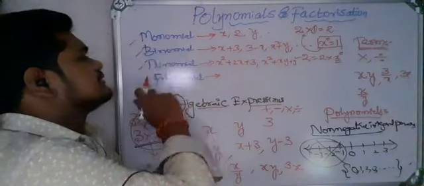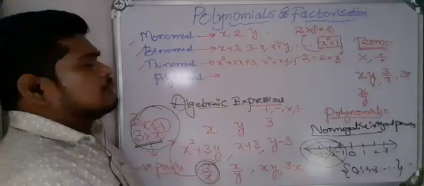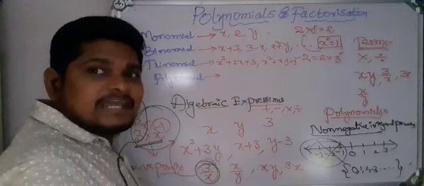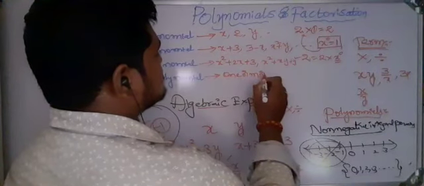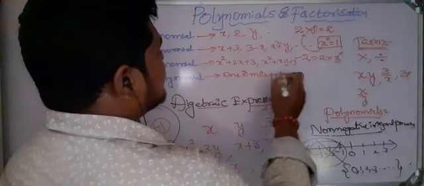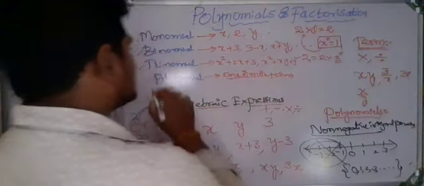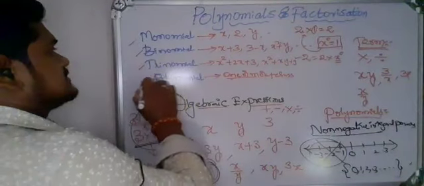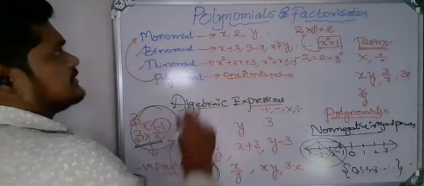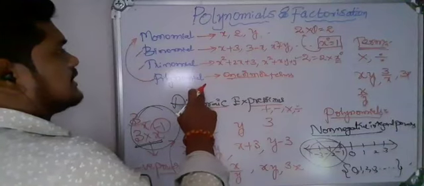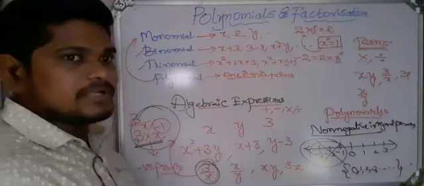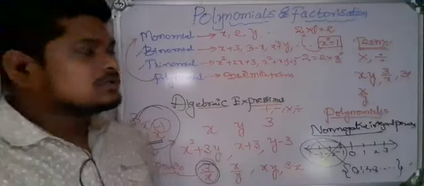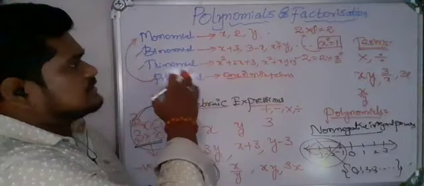Not like that. A polynomial means it contains 1 or more terms. That means even 1 term is a polynomial. So a monomial is a polynomial, a binomial is a polynomial, and a trinomial is a polynomial. This is about the types of polynomials.